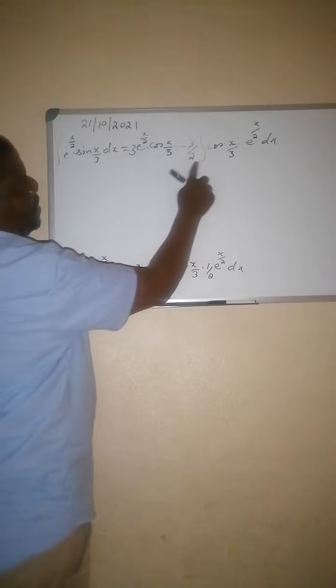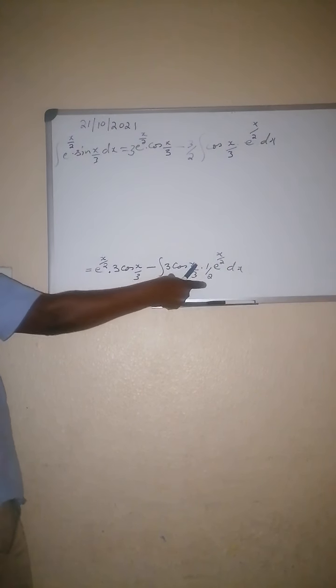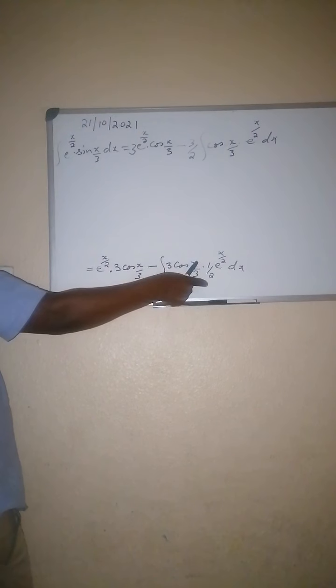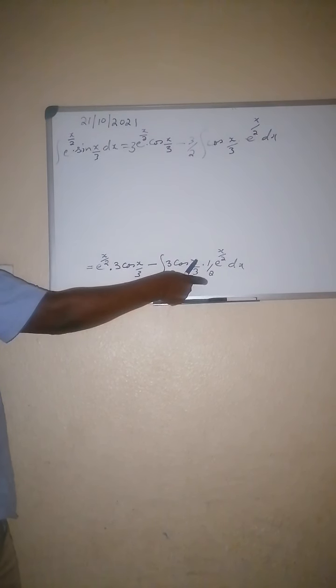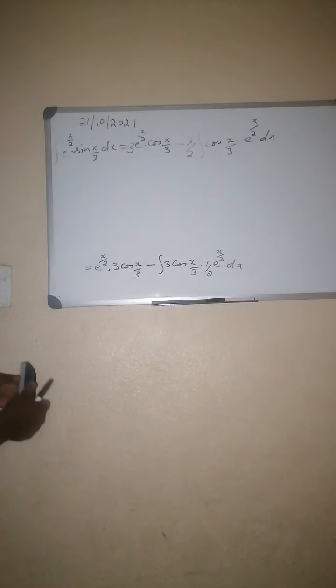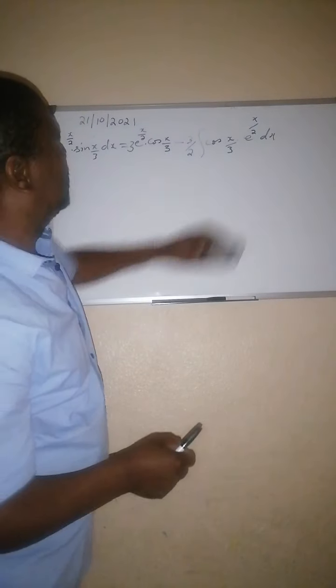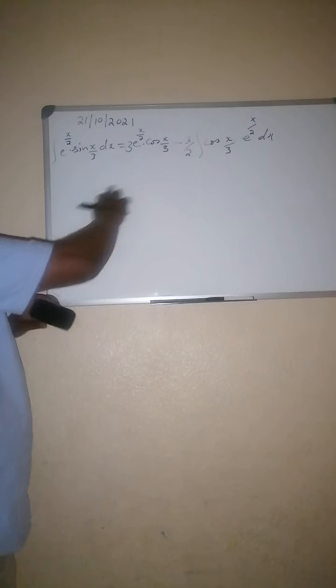Remember, this 3 over 2 has been taken out here as a constant. Okay, now I can take this off because we have that part there simplified.